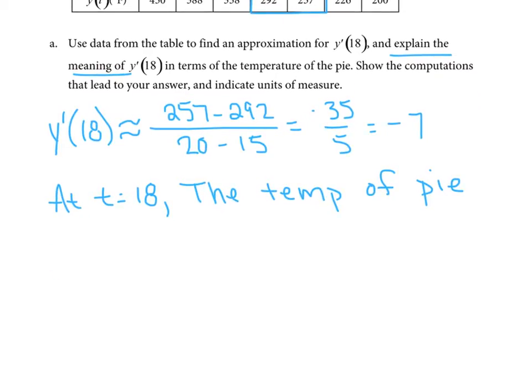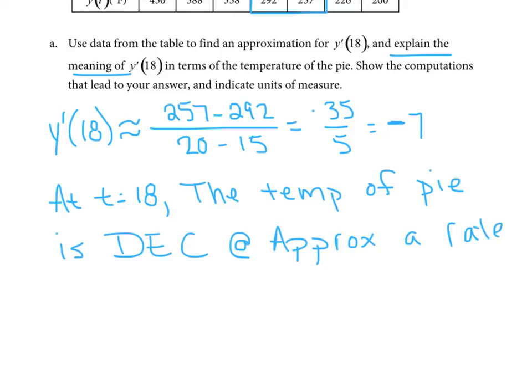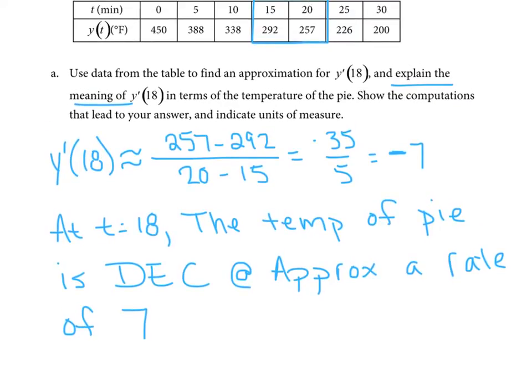We're going to say the temperature of the pie is decreasing, and we knew it was decreasing because of that negative sign in front of the 7, at approximately a rate of 7. Now let's pay attention to the units. Remember, it's always going to be the dependent variable's units divided by the independent variable's units. Negative 7 degrees Fahrenheit per minute. That's the rate at which it's cooling.